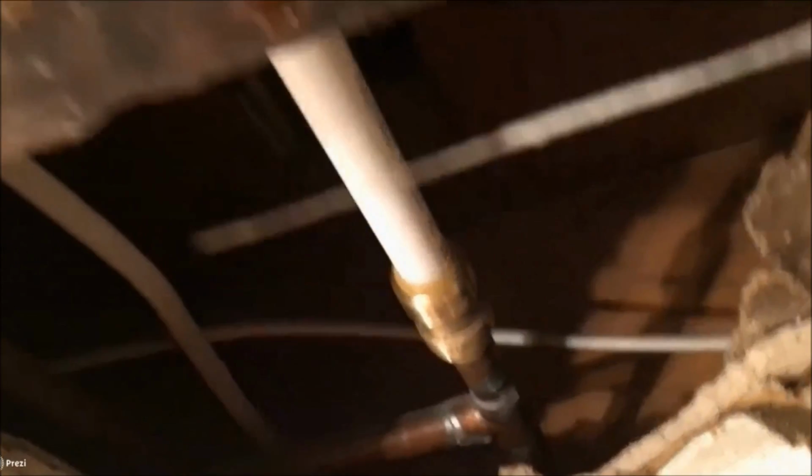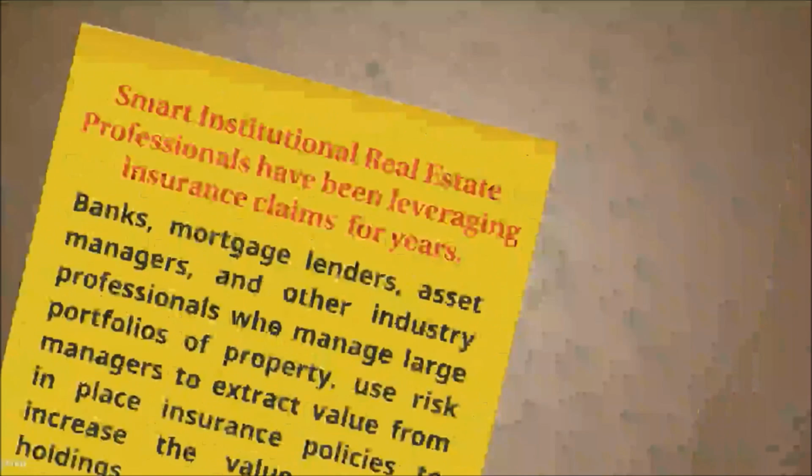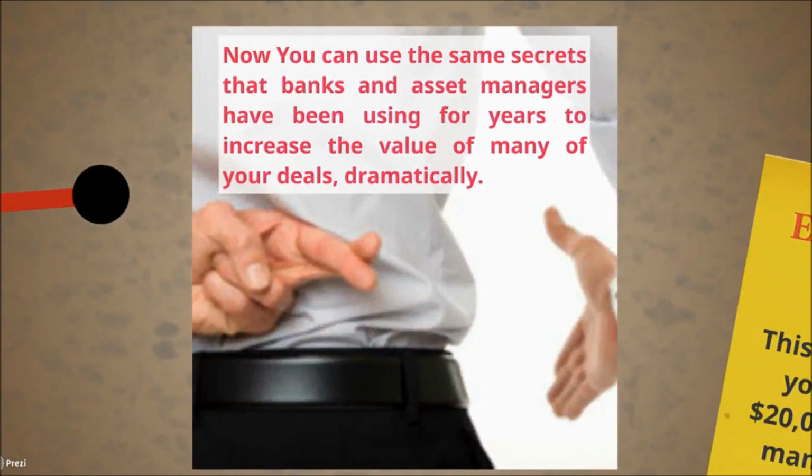This method often increases the appraised value of a property dramatically. The value of the real estate increases, but the cost of increasing that value is transferred to the insurance company, who are contractually obligated to pay what's covered under the policy.